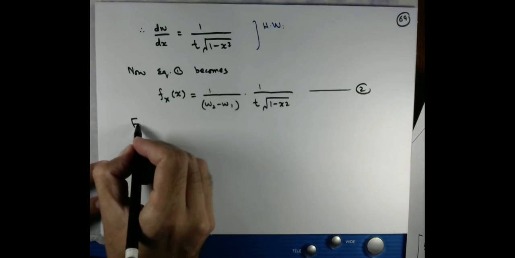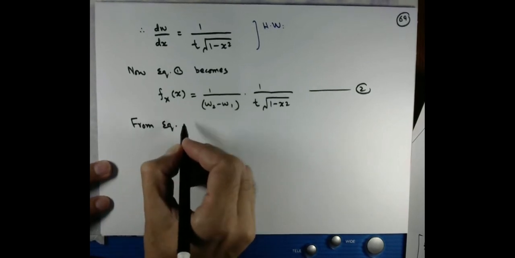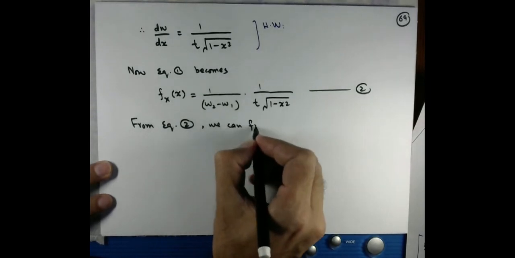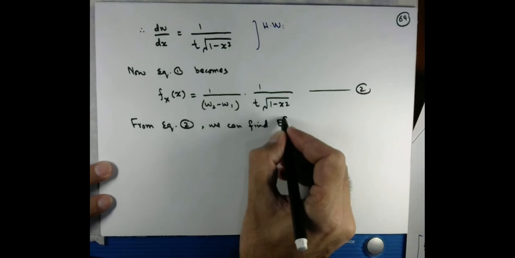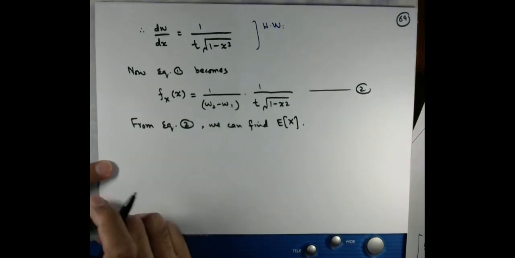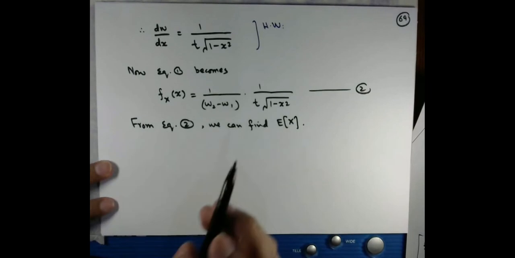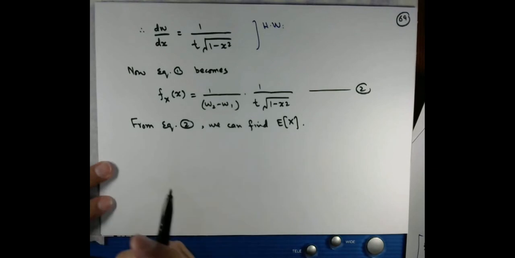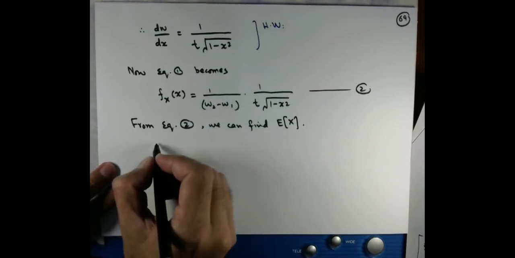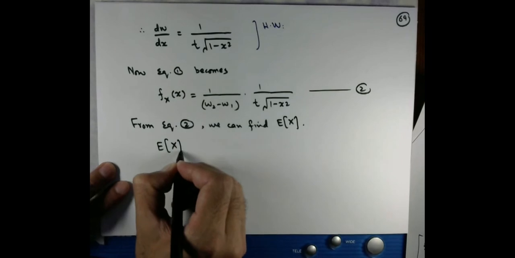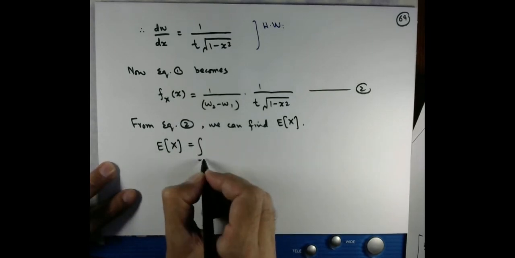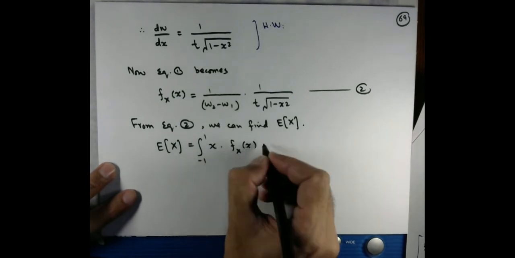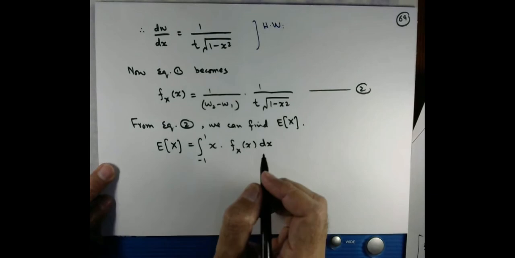So now from equation 2, we can find the expectation of x. It is simple. You know the distribution of x now, so you can easily find the expectation of x. Expectation of x is equal to integral from -1 to 1 of x times f sub x of x dx.